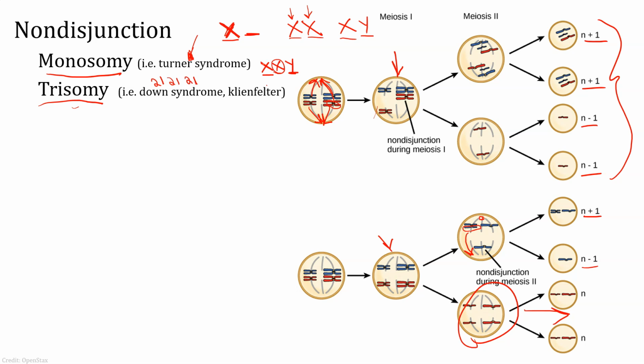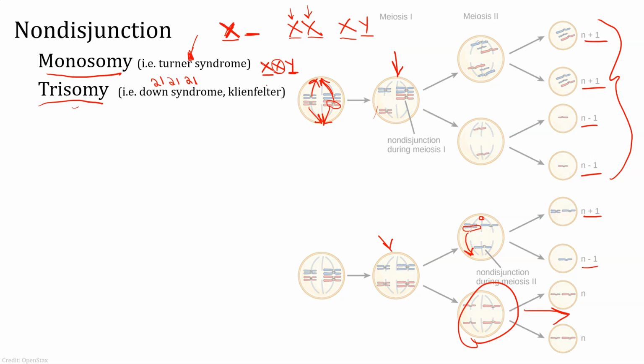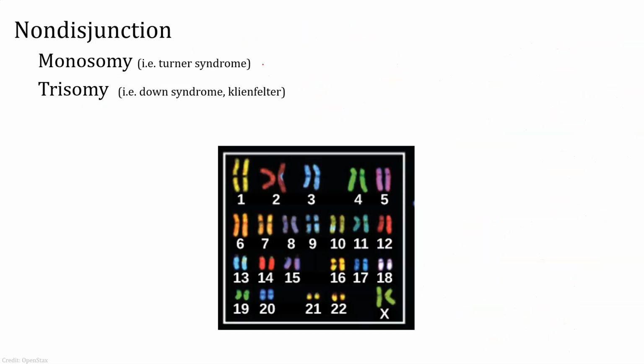21st chromosomes, so it's sometimes called trisomy 21. If we look at this, we see that the 21st chromosome is very, very small, and so having an additional one here is not entirely catastrophic to the development of the individual.